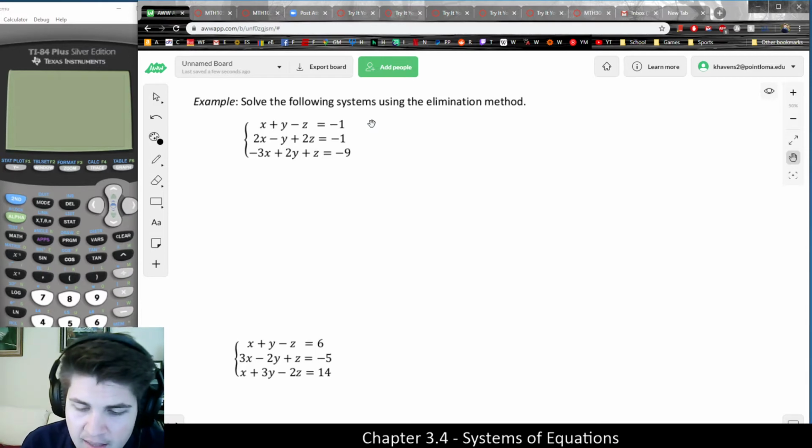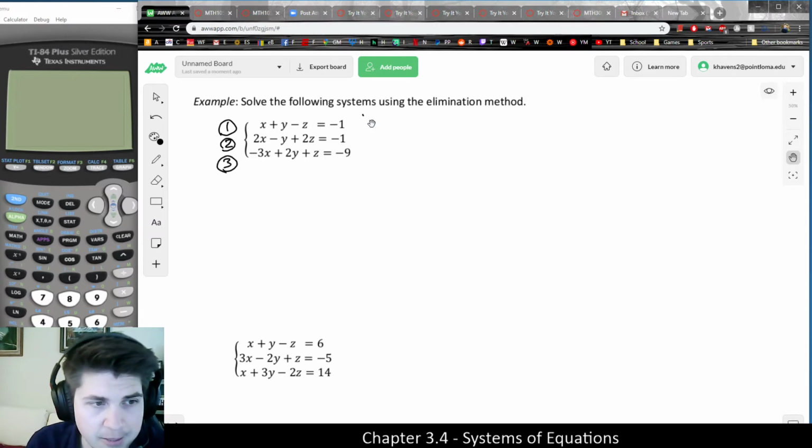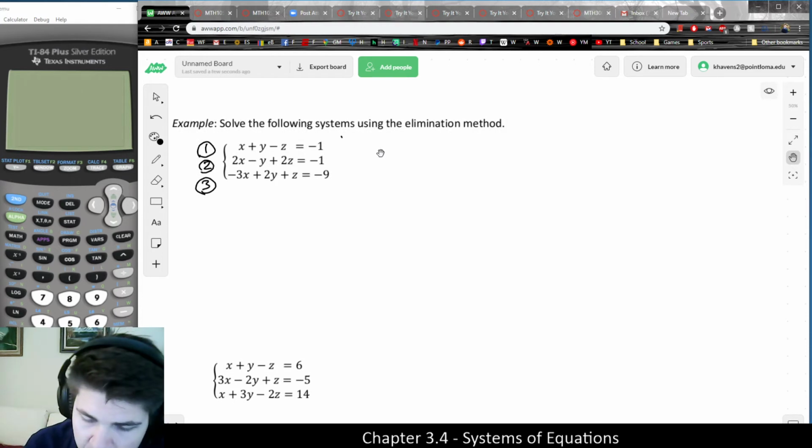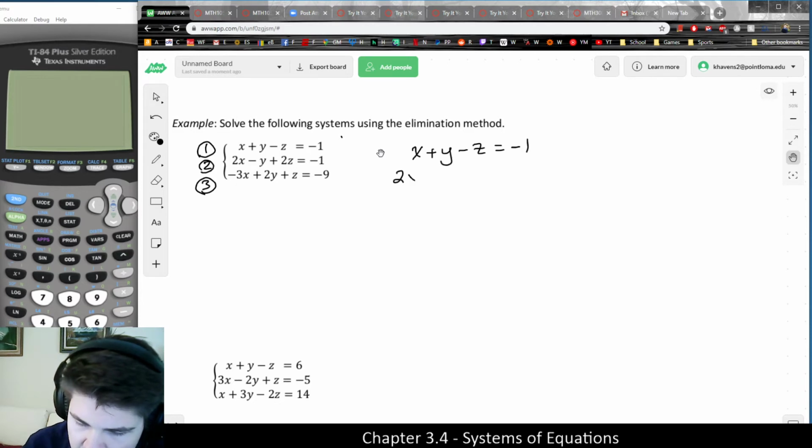So let's say I'm looking at the first two equations in this example, and a lot of times I might number them just to help when we're referring back to them later. I'm going to add equation 1 and equation 2 together. And I'll do that over here, I guess. x plus y minus z is equal to minus 1, and 2x minus y.